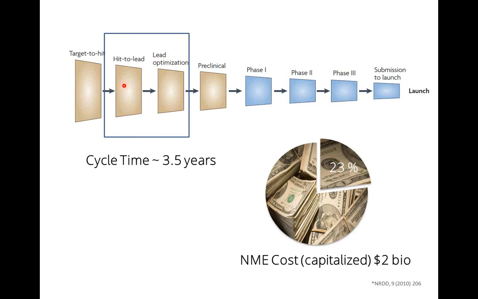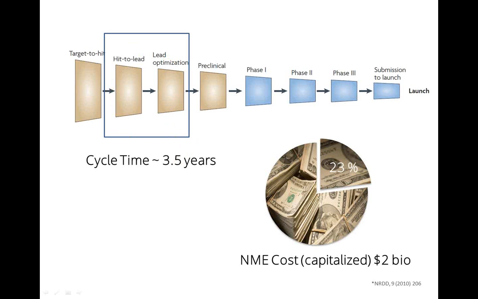The hit to lead phase and the lead optimization phase together make up about a quarter of the cost for a new molecular entity. That's the capitalized cost, roughly $2 billion for one drug to market. So a quarter of these costs is about $500 million. The cycle time for these two stages combined is roughly 3.5 to 4 years.